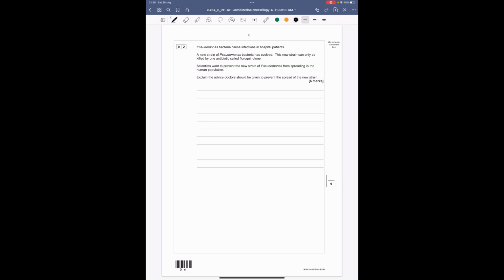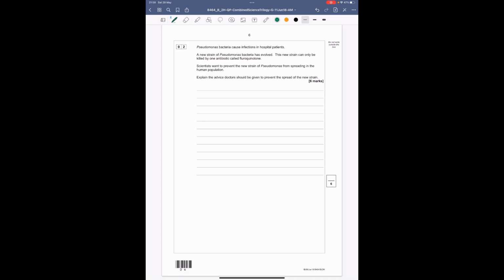So we really just want to focus on what doctors can do to prevent the overprescription of this antibiotic. Because if a pathogen is exposed to the antibiotic more and more, there's a greater chance of them mutating and becoming resistant to it. So what should doctors do to prevent or reduce the amount that they prescribe it?